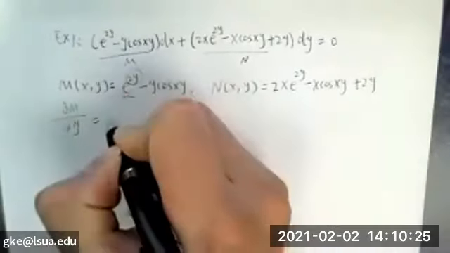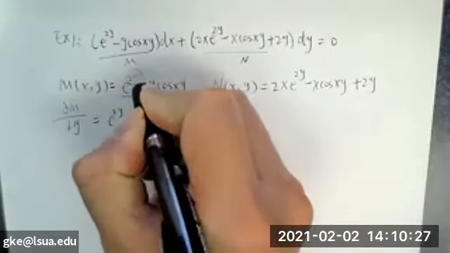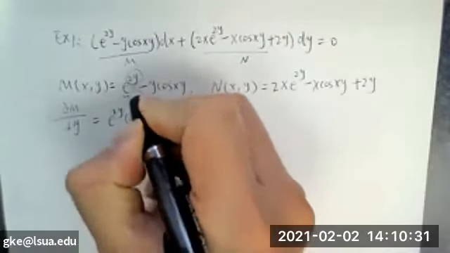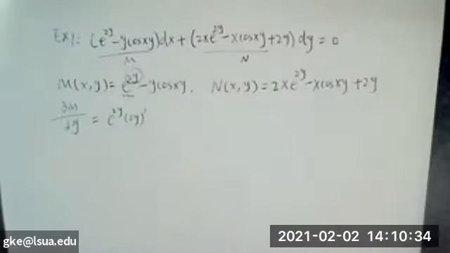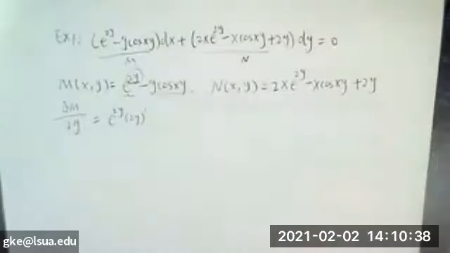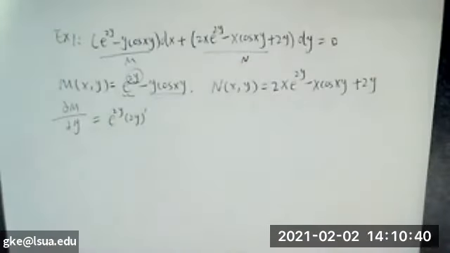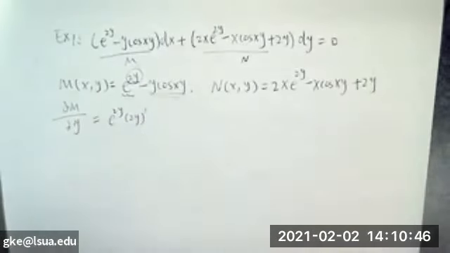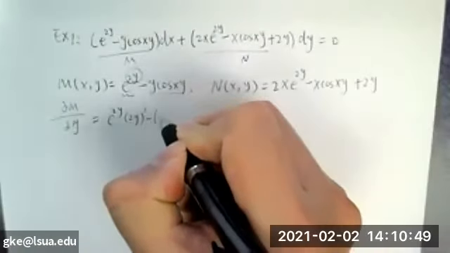So e^(2y): the derivative of the whole thing is equal to itself, then we do the derivative of the inside function, 2y. And for the derivative of the other term, be careful, that is the product rule because we have y and cos(xy). So we're going to do the product rule.